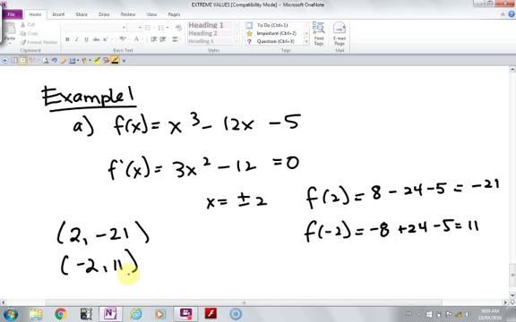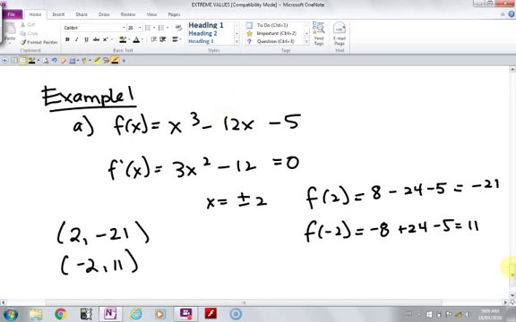Now at this stage, you know what this graph looks like. You should know. What does it look like? A cubic function has that S shape, okay? And it's a positive cubic, so in general the function is increasing or decreasing?